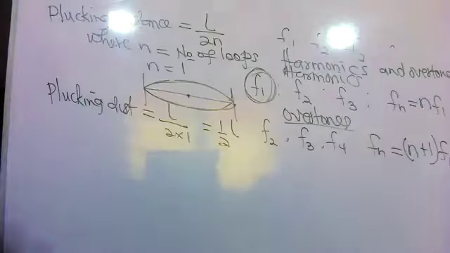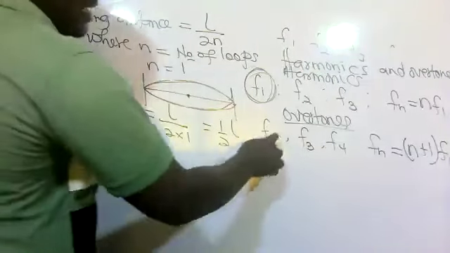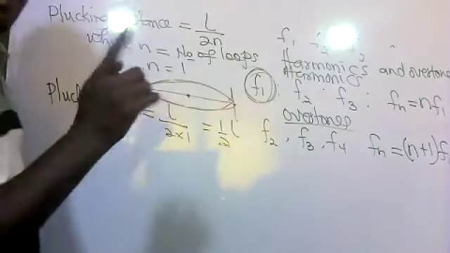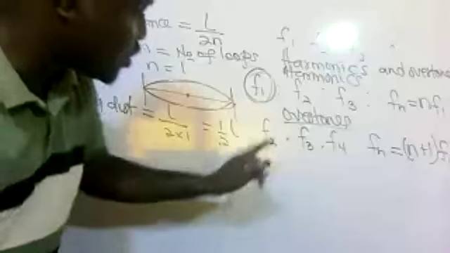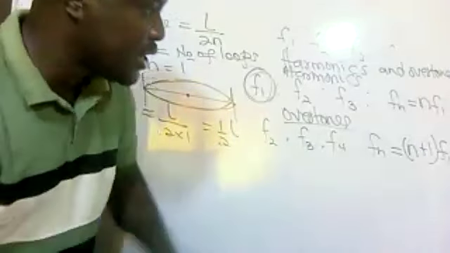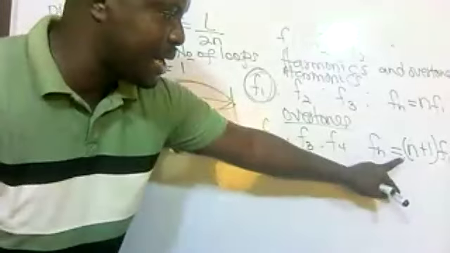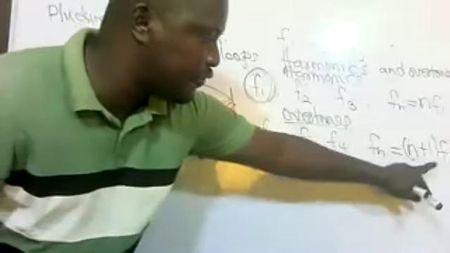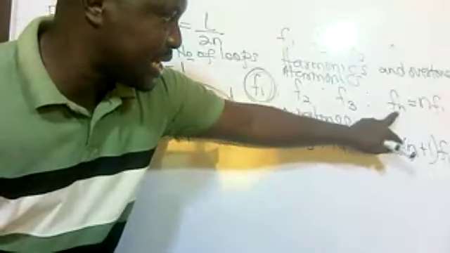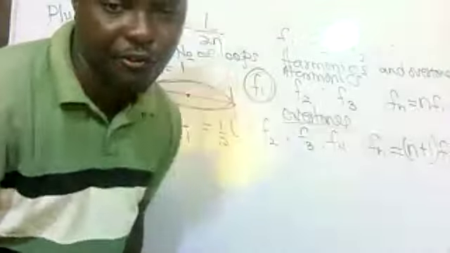So in overtones, we do not count the first fundamental frequency. So F2 is the first overtone, second overtone, F3. So the nth overtone is given by n plus 1 of F1, whereas the nth harmonic is given by n times F1.